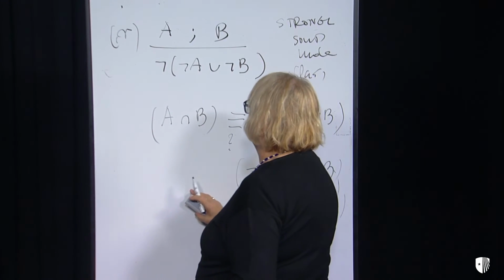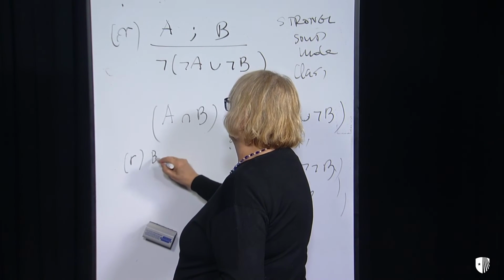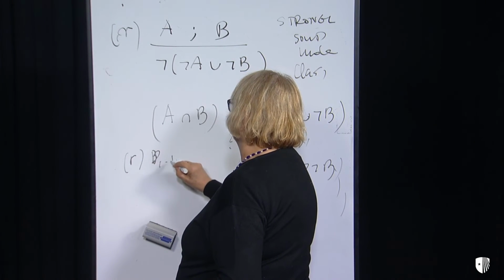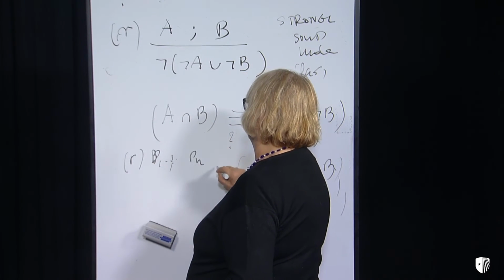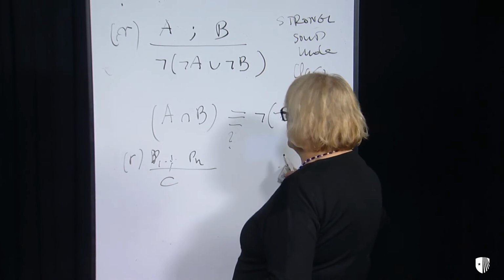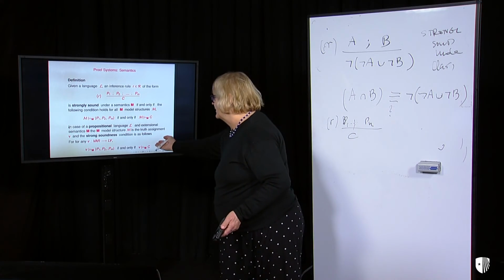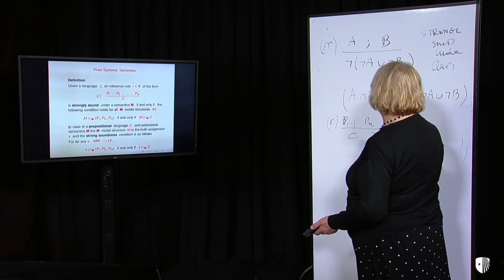So strongly sound, if you have a rule which has premises and a conclusion, you say that it is strongly sound. This is a fancy way to say, but what does it mean?